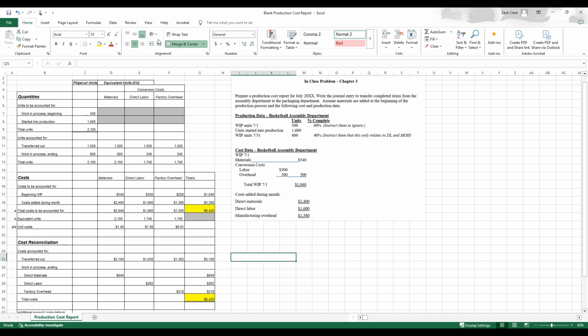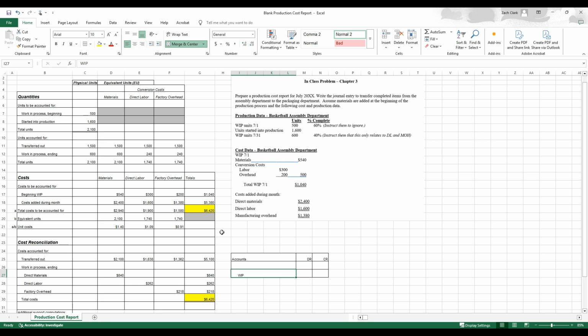Not anything too crazy, but here's a little general journal example. I'll make this real quick. So the journal entry to transfer this then would be debiting our WIP account, our work in progress.